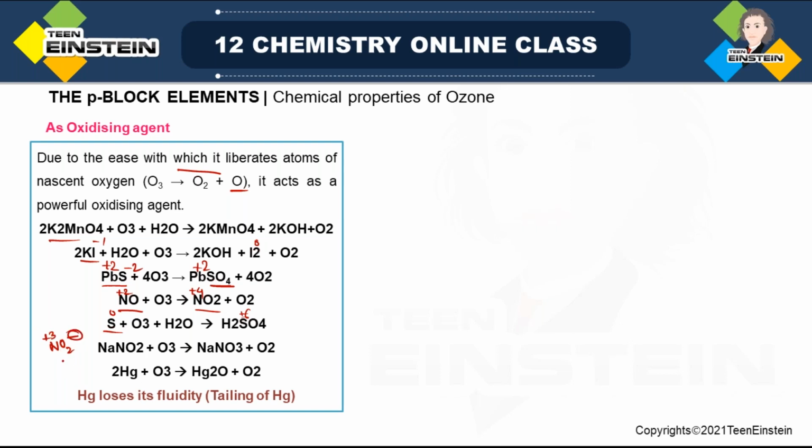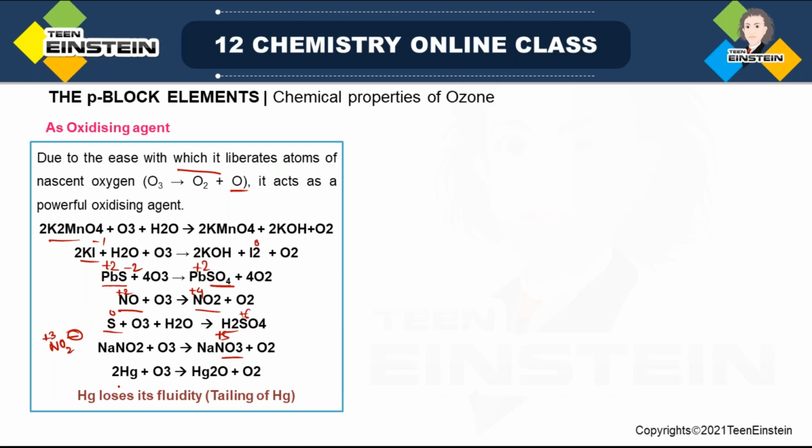Each oxygen atom is -2, so -2 into 2, -4 is the total negative charge. So an excess of 1 negative charge is present, and that is why it is NO2-. So this is nitrite, but now it is converted to nitrate, NO3-. Now the oxidation state is changed to +5. So from +3 to +5, this is also oxidation.